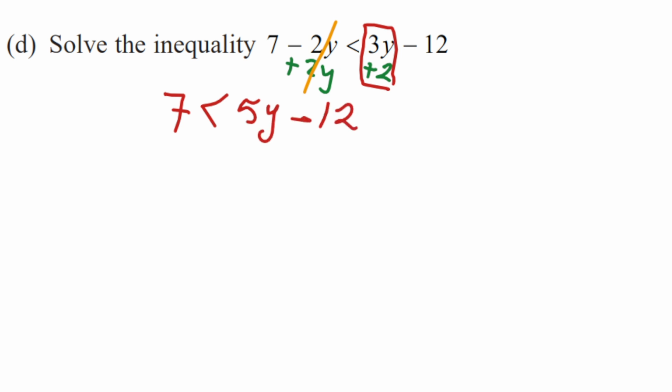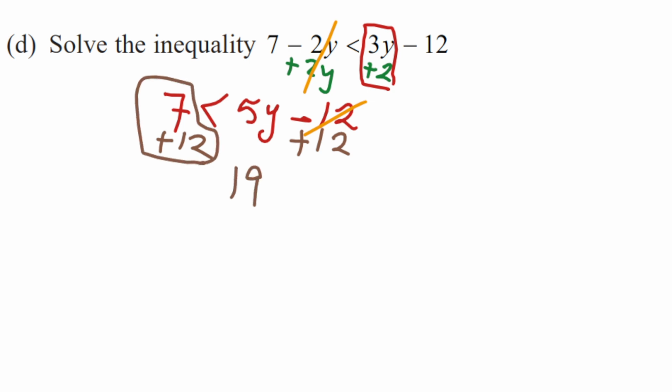Now we don't want to see this 12 here, so we do plus 12 to cancel this 12. So what do we have on the left side? We have 7 plus 12, which is 19. This part is less than 5y. And that's not the answer yet. To get the answer, just divide by 5.